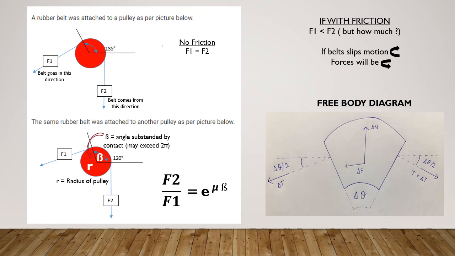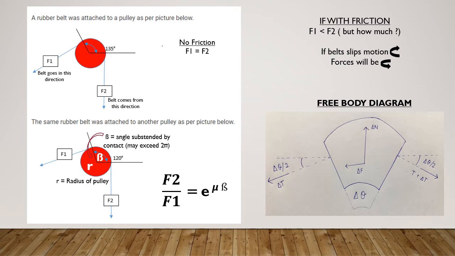If you look at the right side, if there is no friction, F1 is equal to F2. But if there is friction, the belt is tending to go this way, anti-clockwise. And if it slips, it slips this way, clockwise.